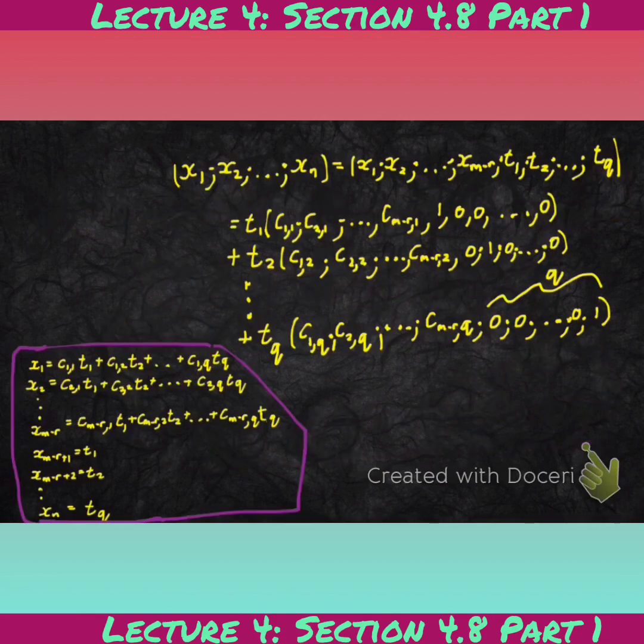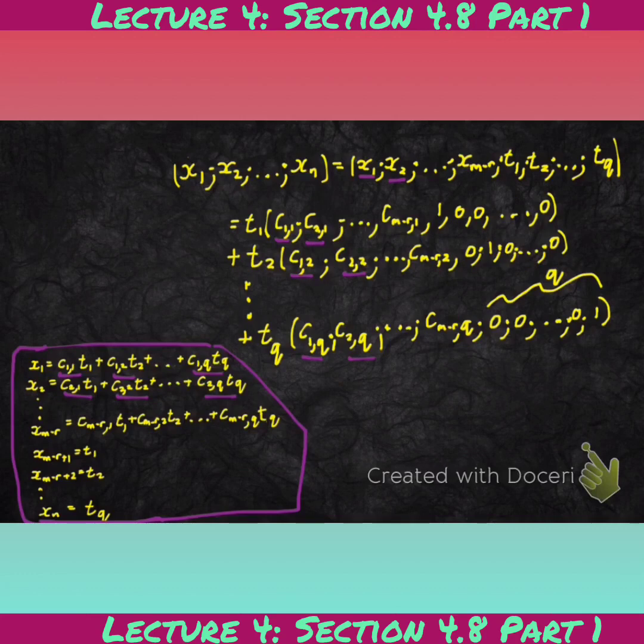There's my original general solution. If we sum over all the first components, that's T1C11 plus T2C12 up until TQ times C1Q. We have all those terms. Then we take x2, sum over the second component, T1C21 plus T2C22, up until TQC2Q.